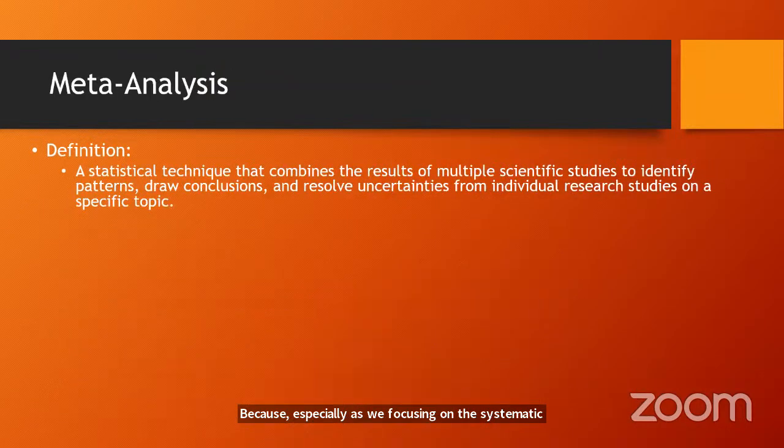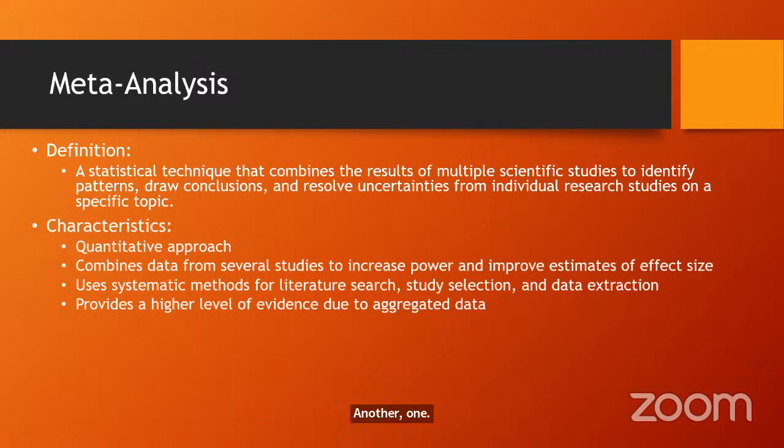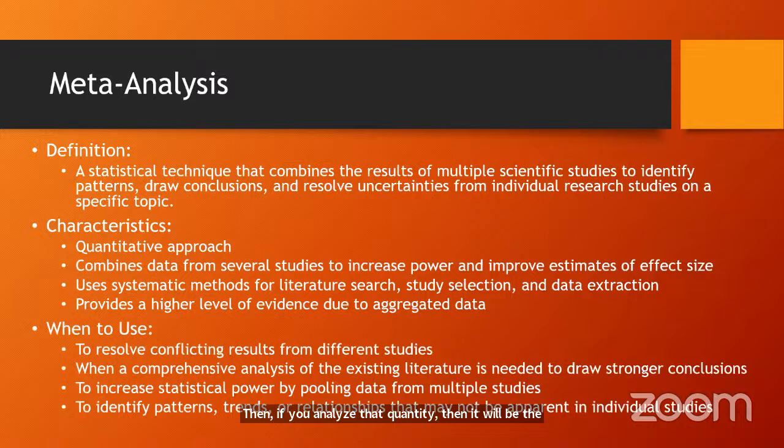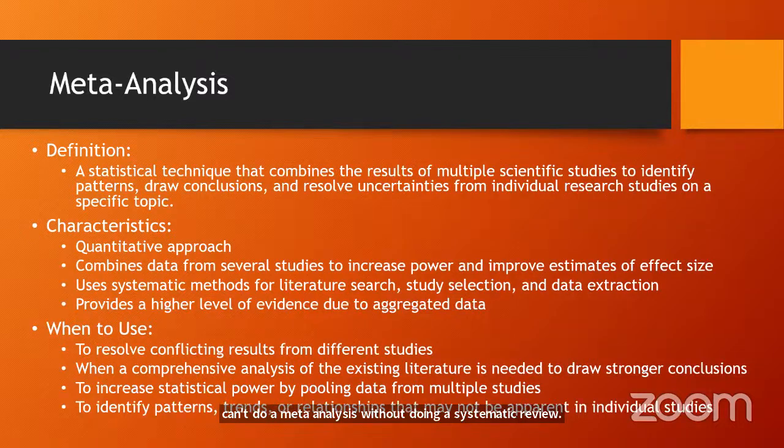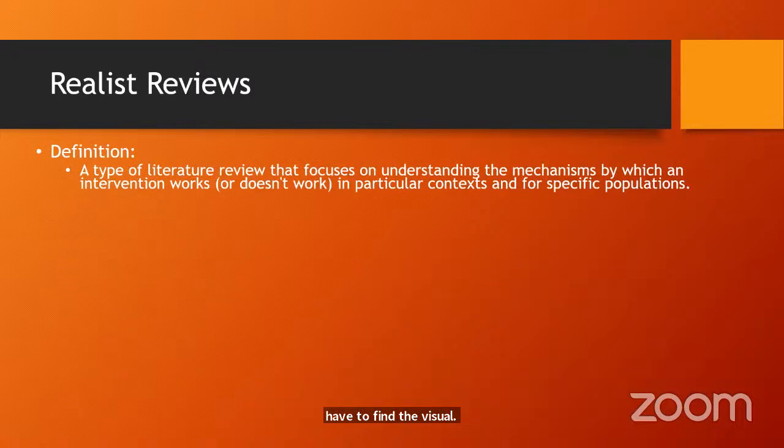Another one is the meta-analysis. Once you do a systematic review, you will have quantitative data. Then if you analyze that quantitative data, it will be the meta-analysis. So it is part of the systematic review. You can't do a meta-analysis without doing a systematic review. First of all, you have to do a systematic review, then you have to find the result, then you can start a meta-analysis.